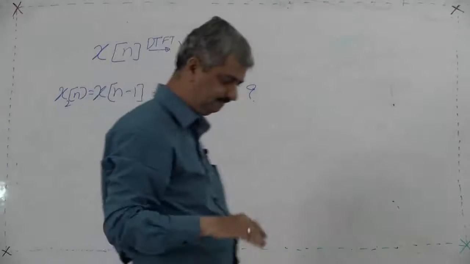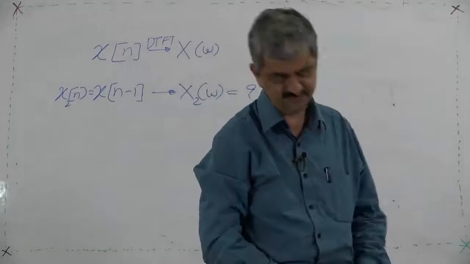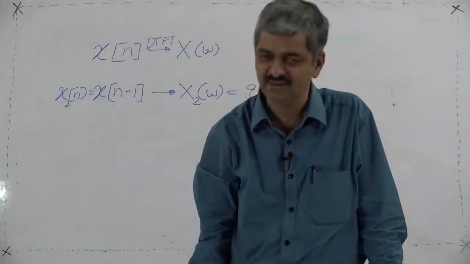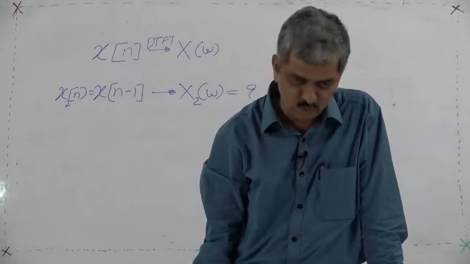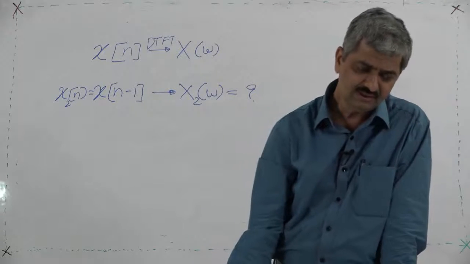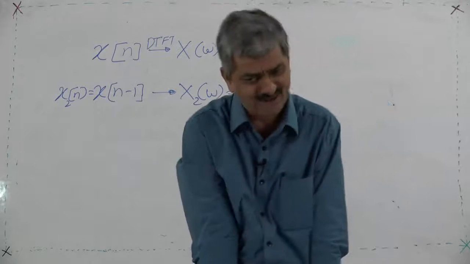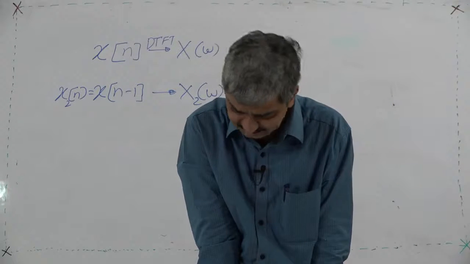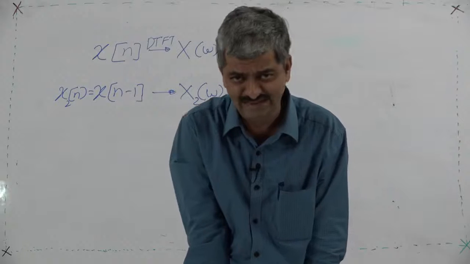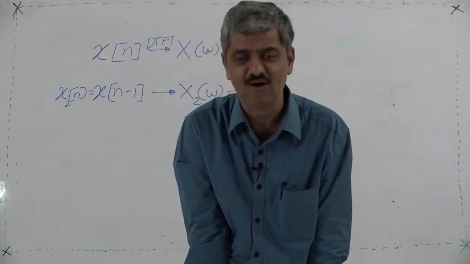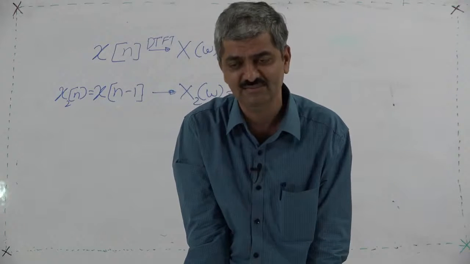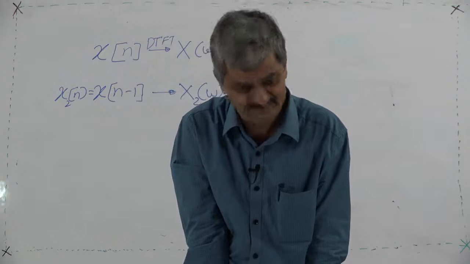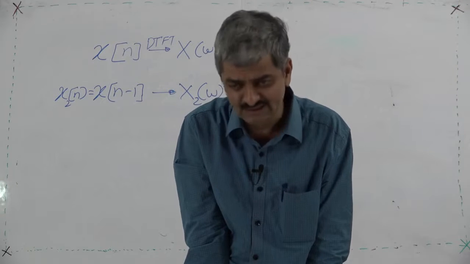Listen carefully. I have a given sequence, having some DTFT which I know. Then for a new sequence I can find the DTFT, no problem. By first principles, I can always find the derivative for any given function, but I need not use first principles always, because that will be time consuming, unnecessary reinventing the wheel.